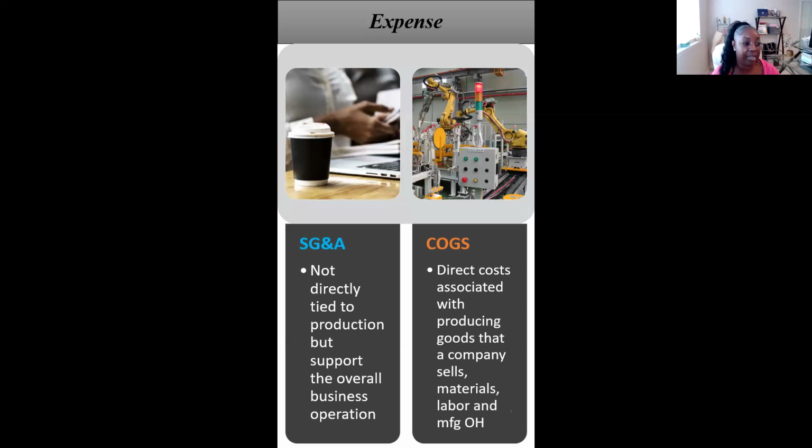Manufacturing overhead, indirect costs such as utilities, depreciation, and equipment, and factory supplies. So like I said, I think of manufacturing or a manufacturing floor, shop floor, where it costs money to run that shop. It costs money for people to be in that building, the manufacturing building. And so that's where there is a difference between COGS and just your general operating expenses, which are selling, general, and administrative costs.